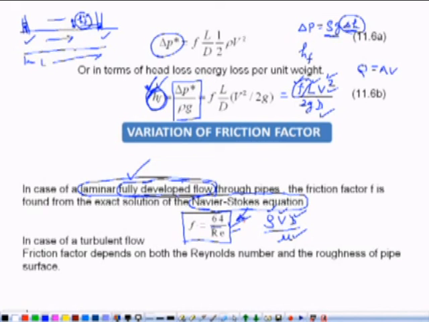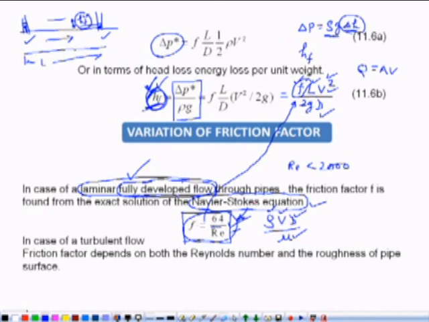The same solution can be obtained with the help of this dynamic equation, which is known as the Navier-Stokes equations. We have not discussed this, but we have discussed the control volume approach, and we found that F is equal to 64 divided by Reynolds number for laminar flow. So if Reynolds number is less than 2000 or 2100, then we can use this friction factor and substitute here and get HF.